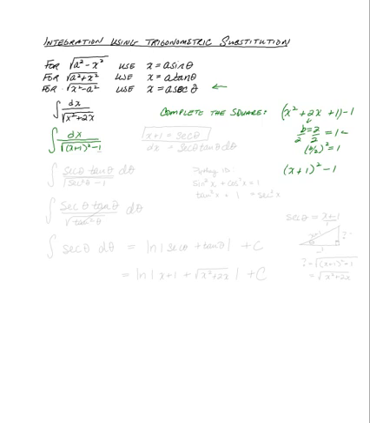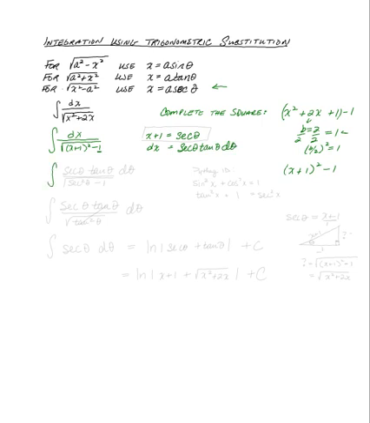So I'm going to let my variable, now notice my variable is the item squared, so in this case my whole variable is the x plus 1. We'll make the substitution x plus 1 equals square root of what's here, which is 1, secant of theta. So now differentiate both sides. Derivative here is dx, derivative of the 1 is 0, equals derivative of secant, which is secant of theta tangent of theta d theta, and substitute in.